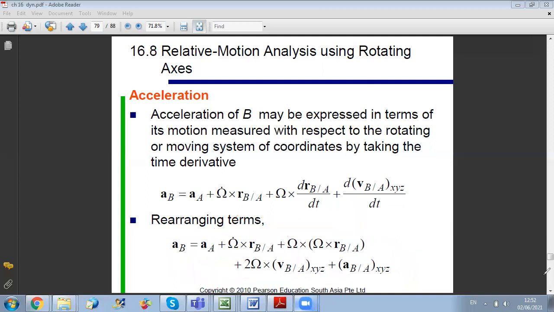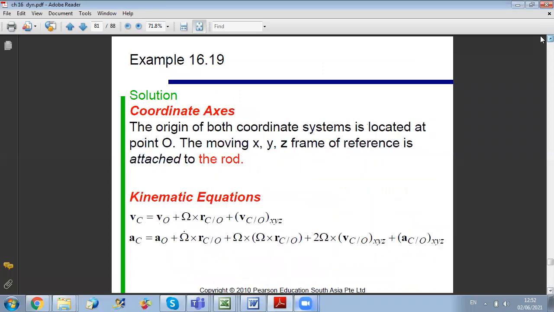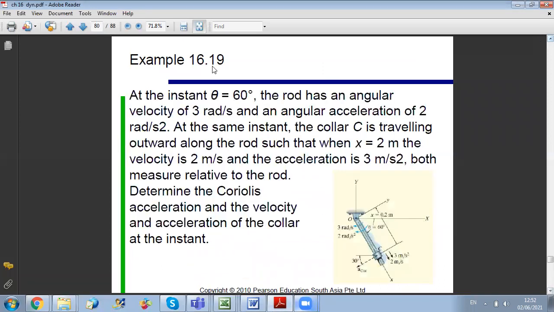If we go back to the problem, the Coriolis acceleration can be simply written as A Coriolis as a vector, equal to 2 times omega vector, which is minus 3k because it's clockwise. So 2 times minus 3k vectorial V relative.